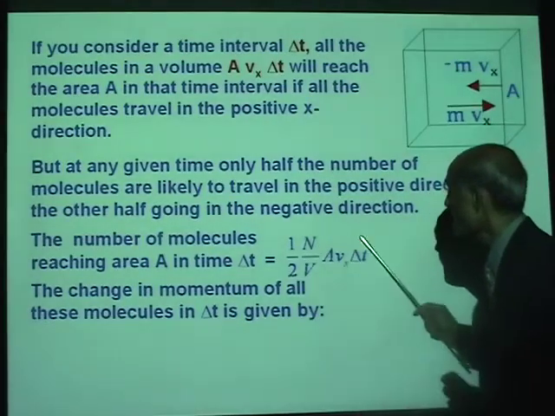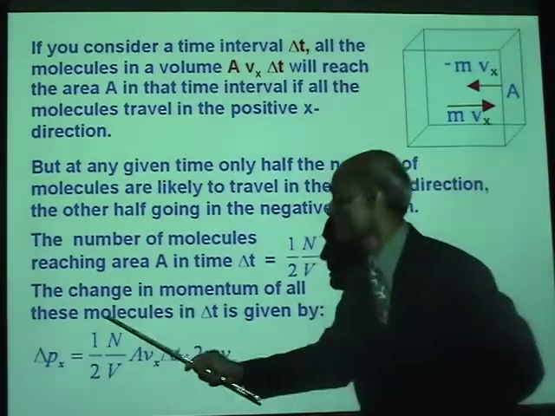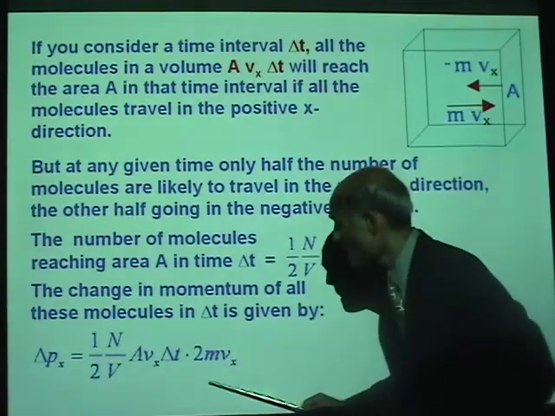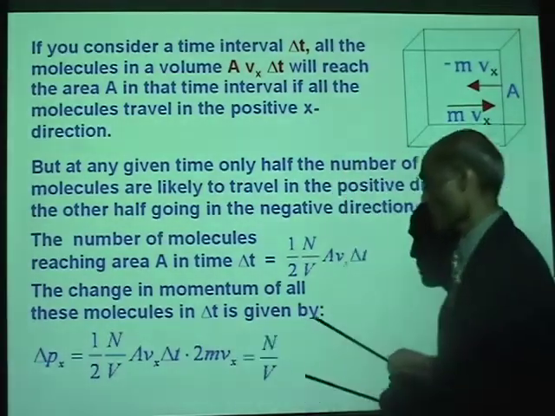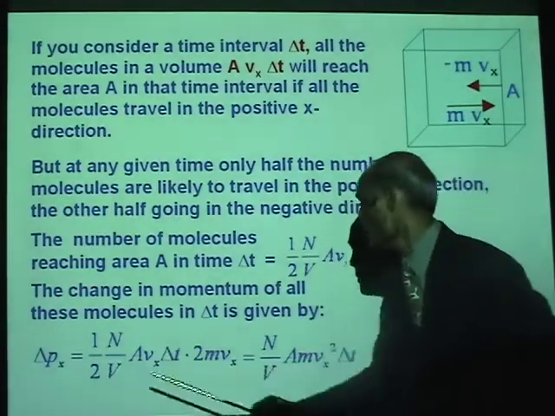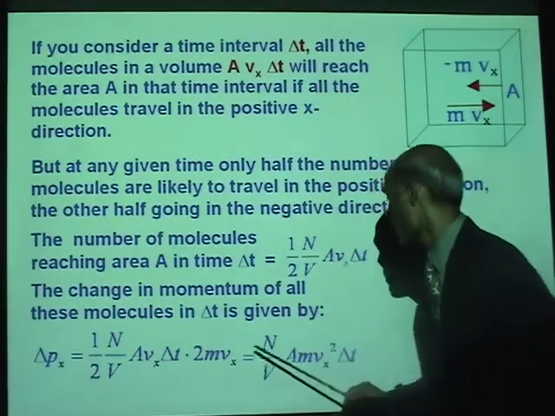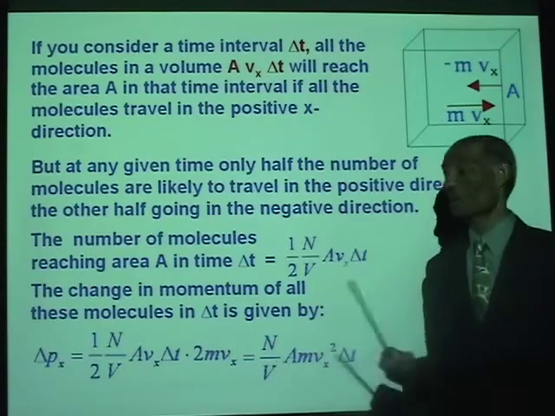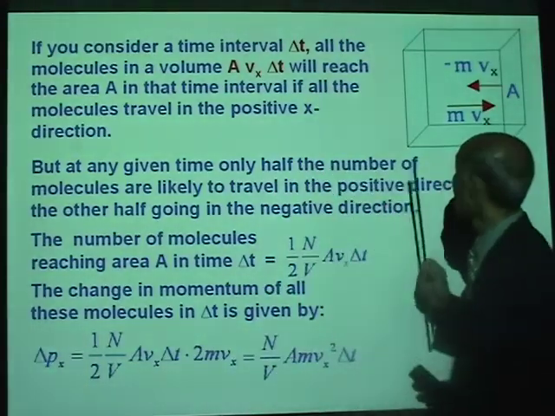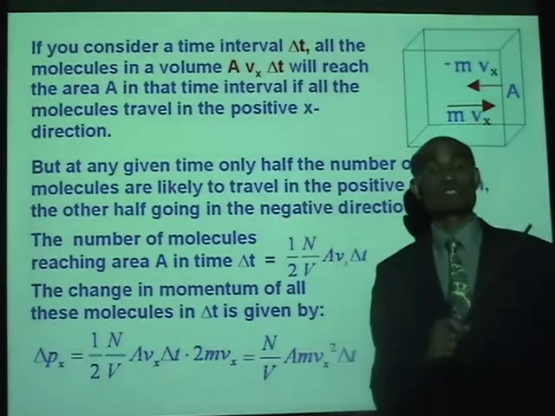So if you multiply these number of molecules by 2mvx, the total number of molecules reaching the area A multiplied by the change in momentum per molecule, and you can see the 2 and the 2 cancels, N over V A m Vx squared times delta t. This is the change in momentum of all the molecules reaching the wall A in a small interval delta t.